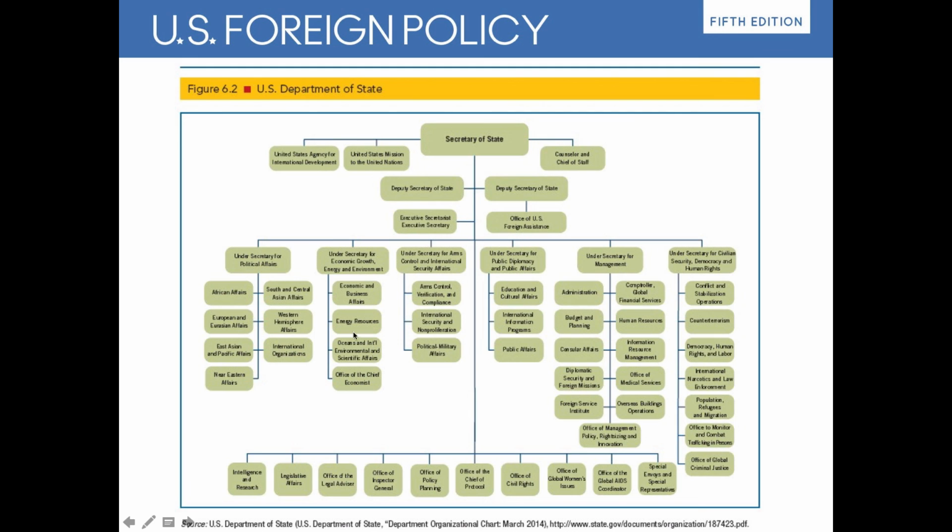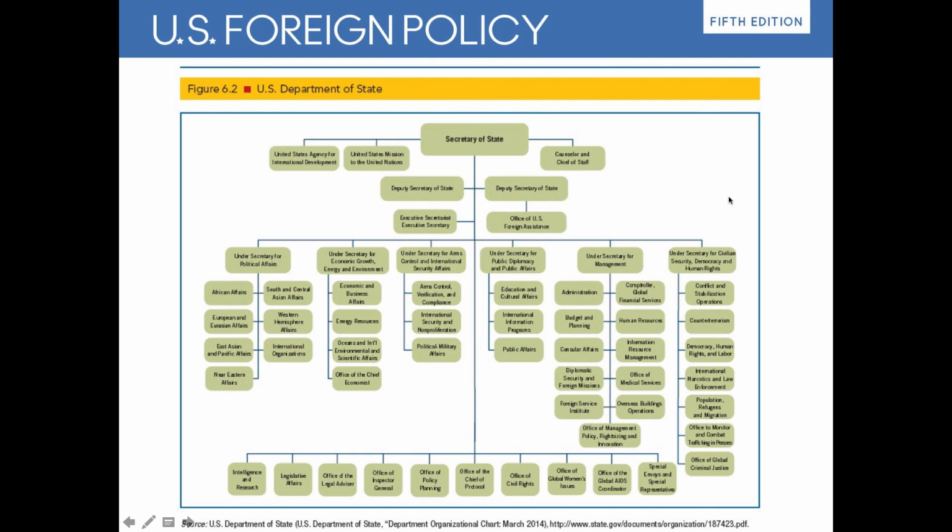Economic and business, energy, oceans and international environment and scientific affairs, chief economist, arms control, non-proliferation, education, conflict and stabilization, narcotics and law enforcement, democracy, human rights, population, migration, criminal justice, women's issues, global AIDS coordinator, civil rights, policy.